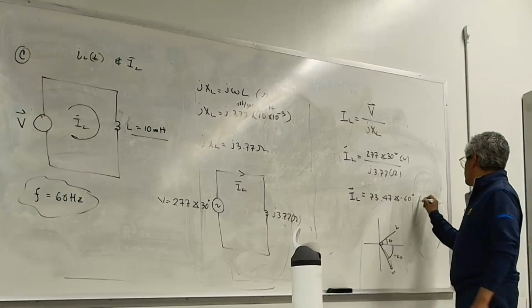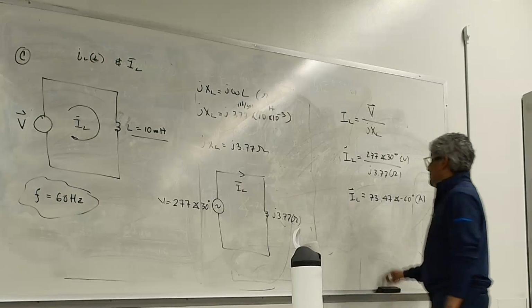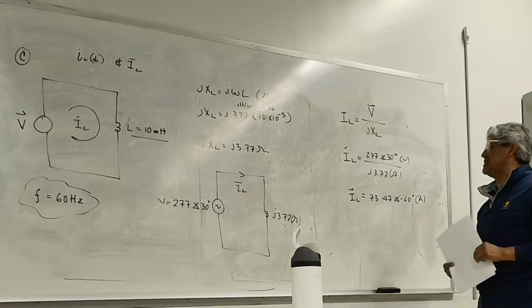Yeah, makes sense. This is in amps. Now they said, can you give me that information not only as a phasor, but I want to know what the answer is in the time domain.